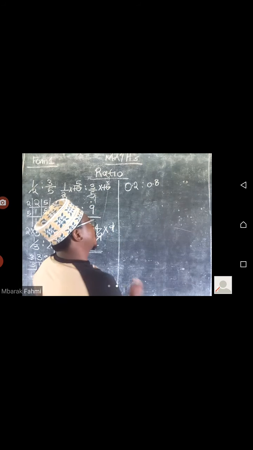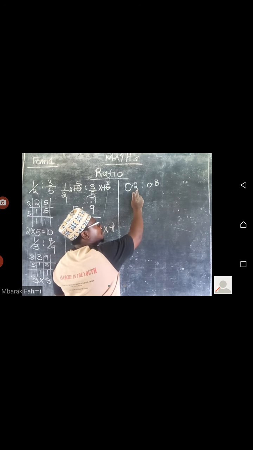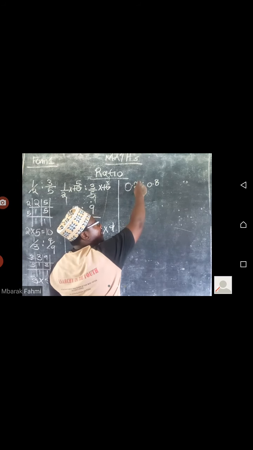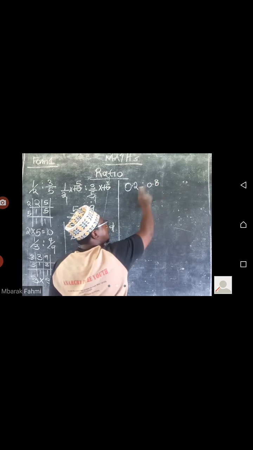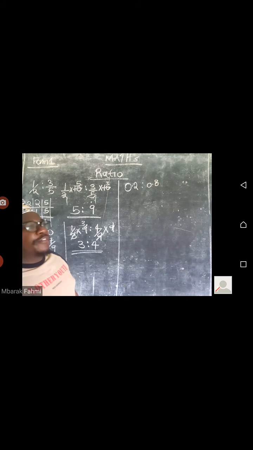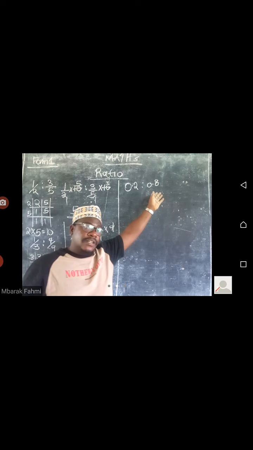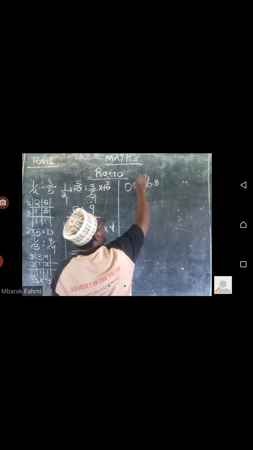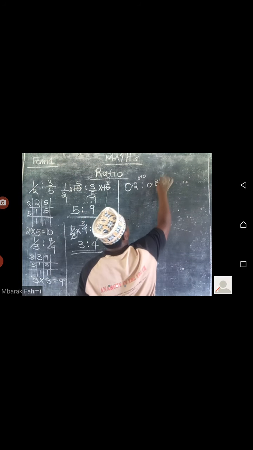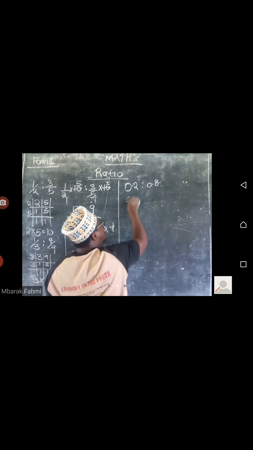Normally you look at this one. To remove the decimal place, you just multiply by 10, because they all have one decimal place. To remove that, you simply multiply by 10 both sides. So let me put it systematically.